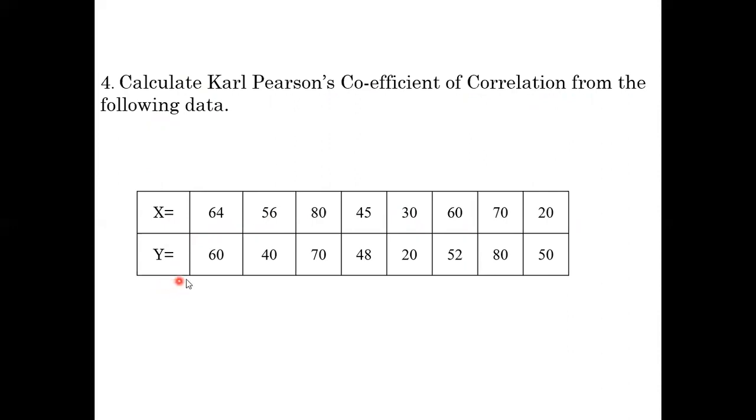In the y variable, 60, 40, 70, 48, 20, 52, 80 and 50. In the x variable, how many items do we have? 1, 2, 3, 4, 5, 6, 7, 8 items. Similarly, in the y variable also we have 8 items.